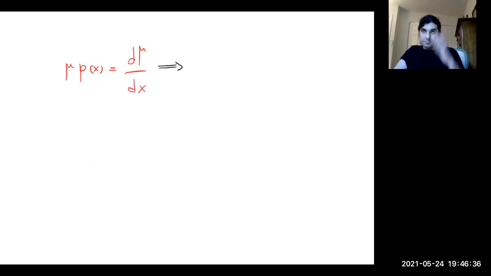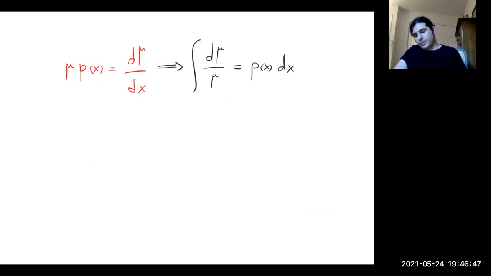Therefore, if I take mu to one side and x to the other, d mu over mu is equal to p of x dx. I can take the integral of both sides.